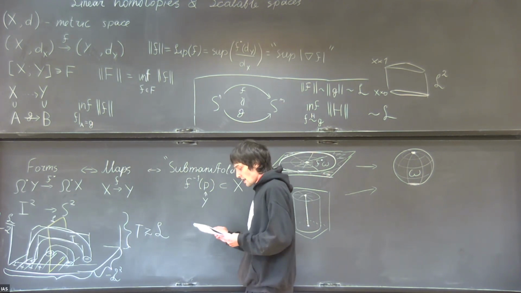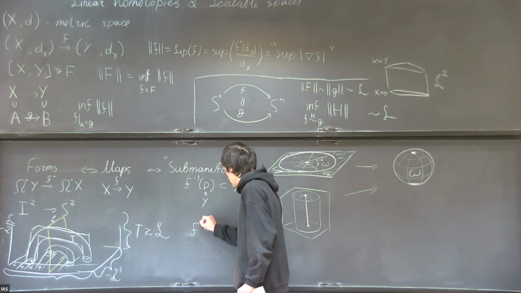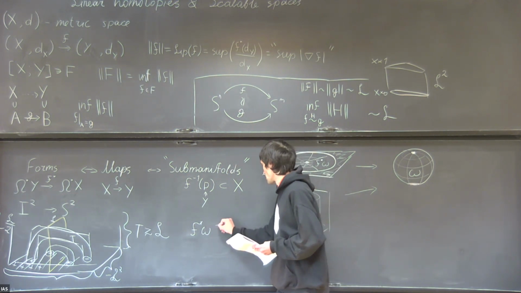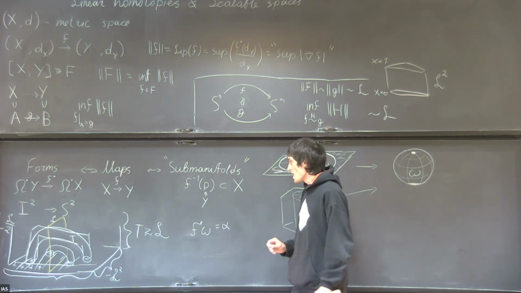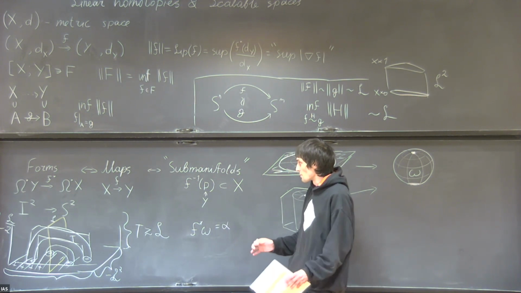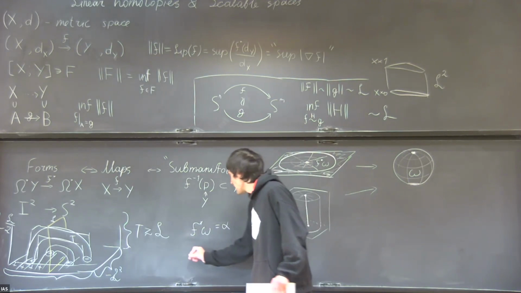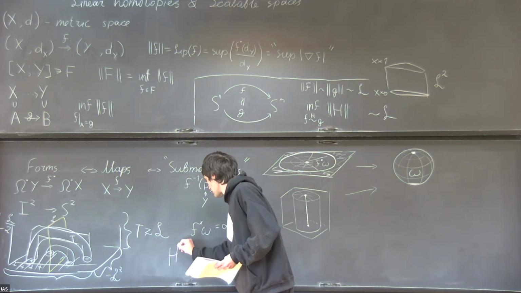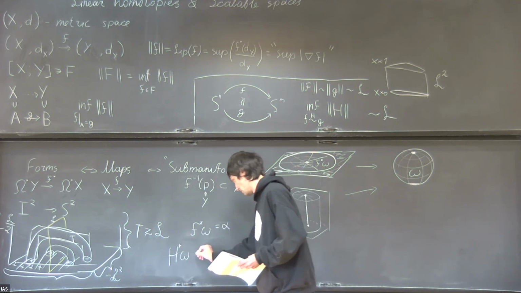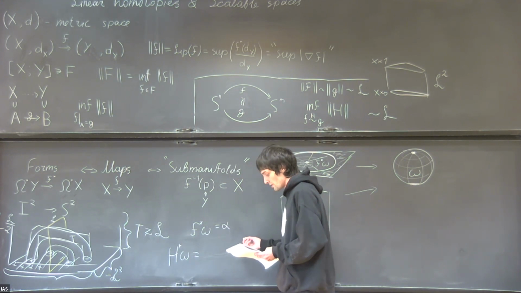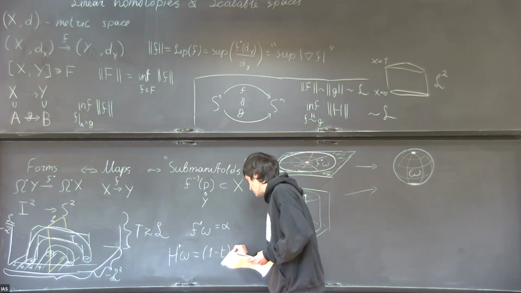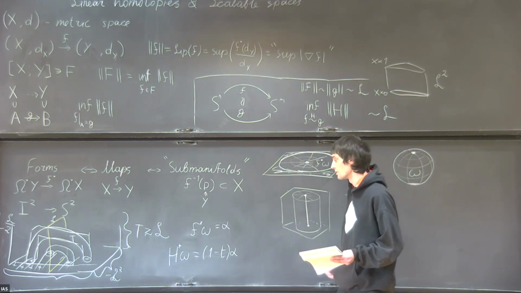So we have some form that I will call alpha. And so ideally, I want to somehow just dissipate that alpha. And when I extend it, or if I take the image of the same form on the whole space of the homotopy, I would want it to be something like 1 minus t alpha, and it just decreases linearly over time.